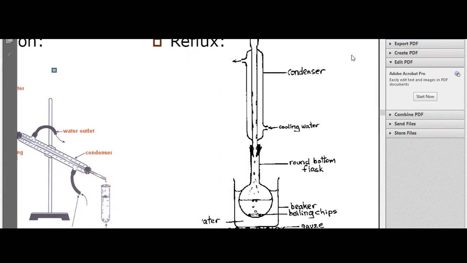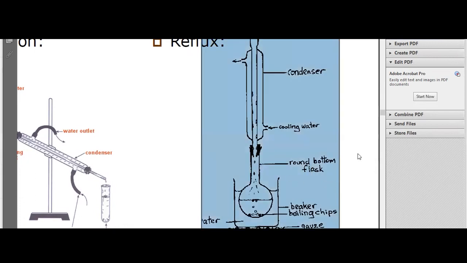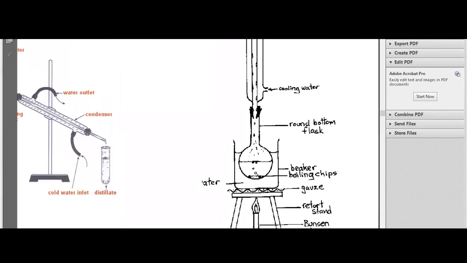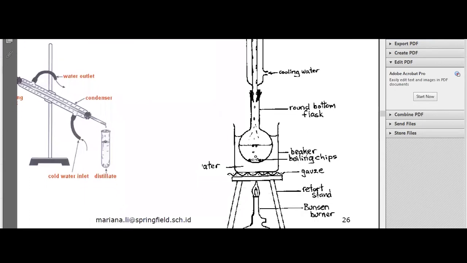So we need to use a boiling flask, called a round bottom flask, and you need to add boiling chips here, since if not, the flask could break due to very high pressure inside this flask. The boiling chips make sure only small bubbles form.